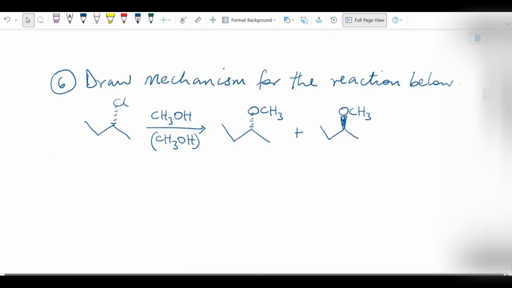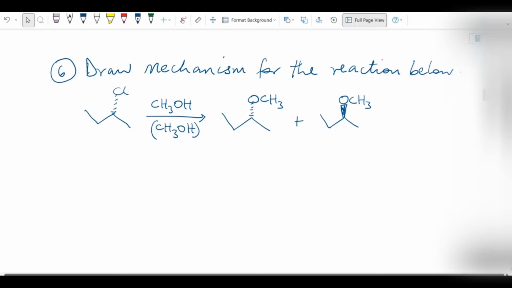This one asks us to draw the mechanism for the following reaction. Now, whenever we're drawing a mechanism, you first of all need to determine what kind of mechanism your reaction will go through. We know that this is a secondary alkyl halide, and methanol is a weak nucleophile that is also a weak base.